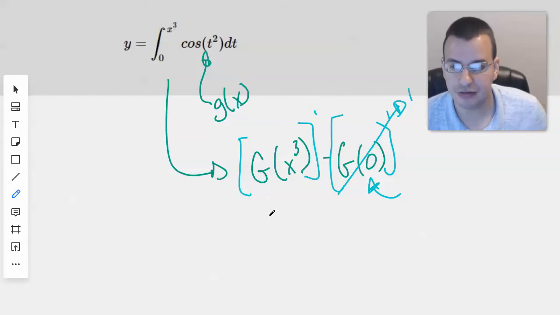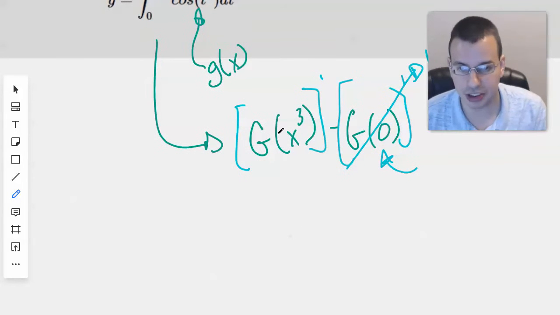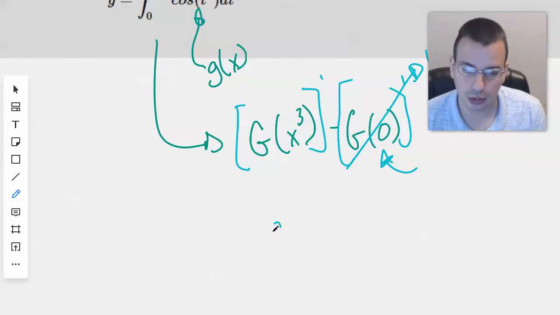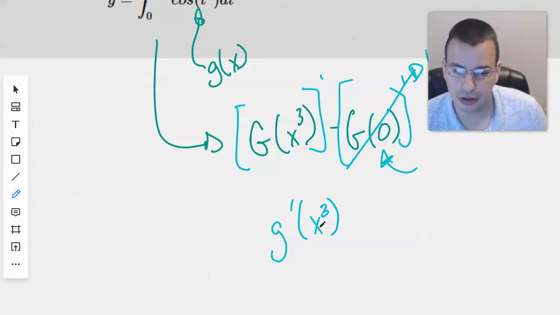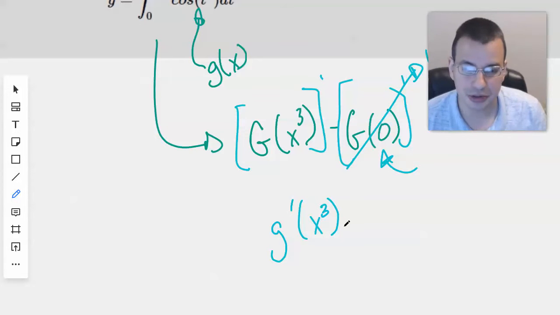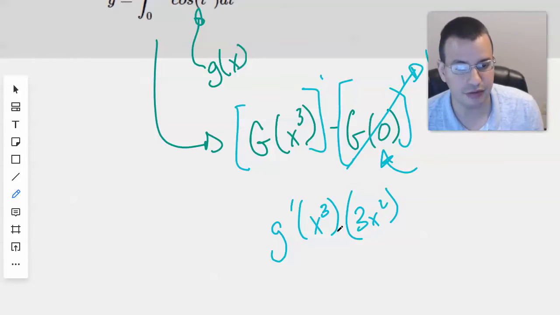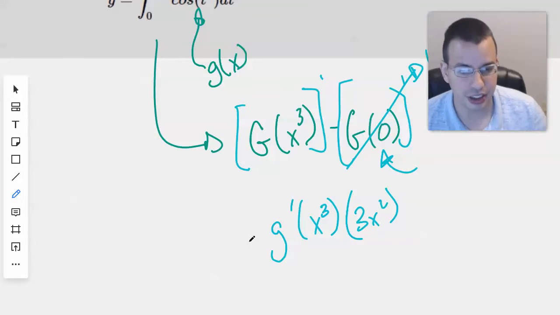Now the derivative of big G of x cubed will be the derivative of the outside function at x cubed, times the derivative of the interior, which is 3x squared, the derivative of x cubed. This right here is the chain rule.